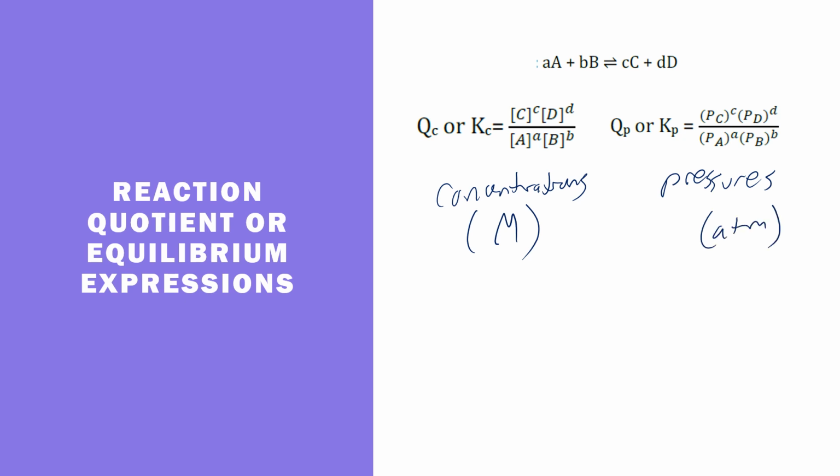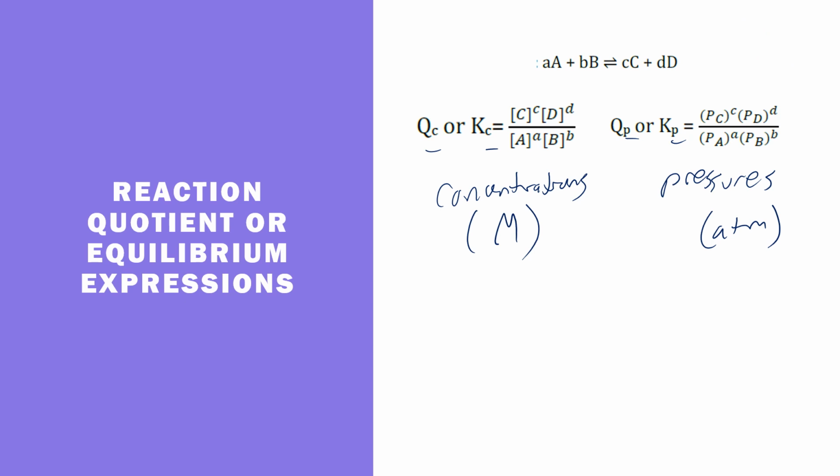Concentrations are why you see Qc or Kc. Again, molarities, and you'll need to use brackets in your expression. Brackets always indicate molarity. And then pressures, you'll see Qp or Kp, and you want to use the partial pressure notation. So when I write PC, that means the partial pressure of substance C, and we'll put that in parentheses. We don't use brackets because brackets indicate molarity.